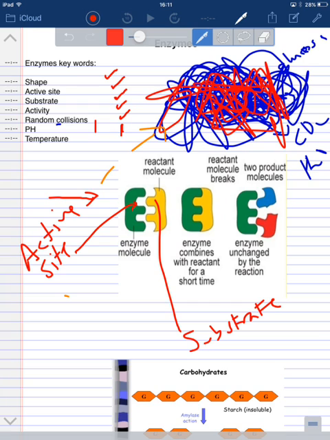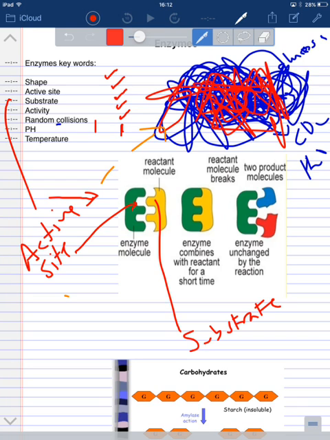You can see they're up in our keywords over here: active site and substrate. And the substrate fits exactly the active site. Exactly. It's very similar to a lock and a key. And that means that the enzyme molecule is able to take the reactant and get them to react faster than they would have done if the enzyme hadn't been there.